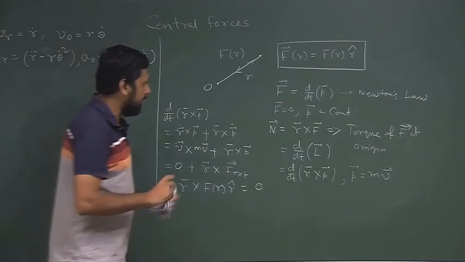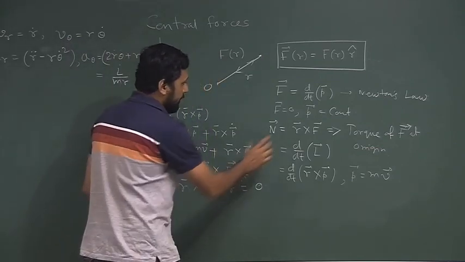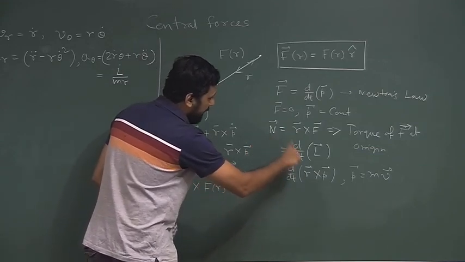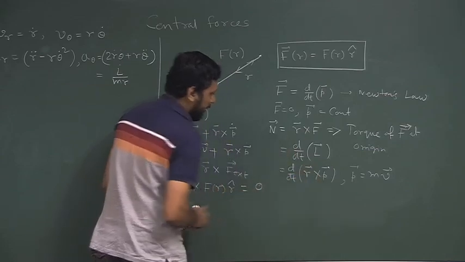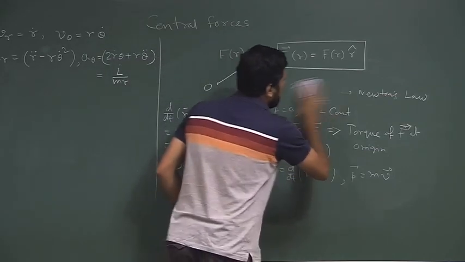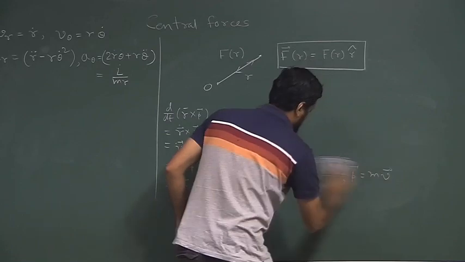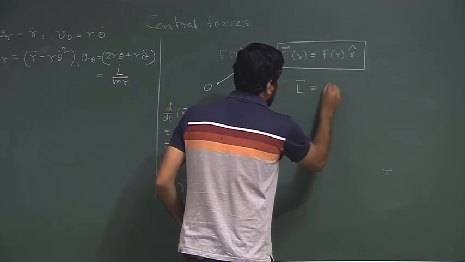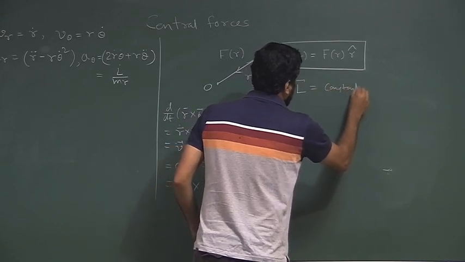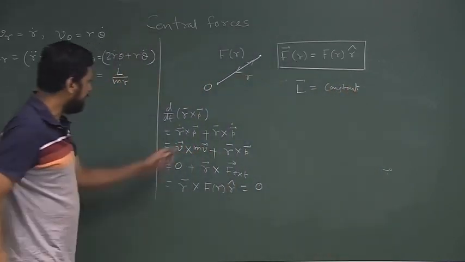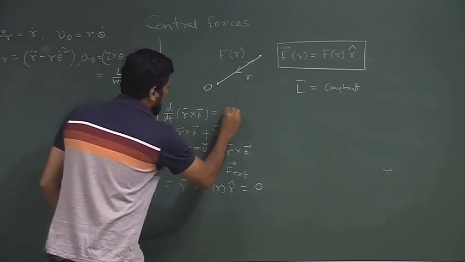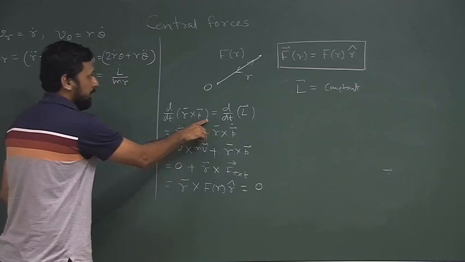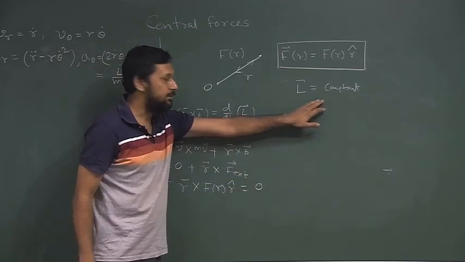So, if that is the case, we immediately see that for a central force field d dt of L is always equal to 0, which essentially means L is equal to a constant. And this is a vector equation, where we are computing d dt of L, which is r cross p, and that gives us L is a constant.